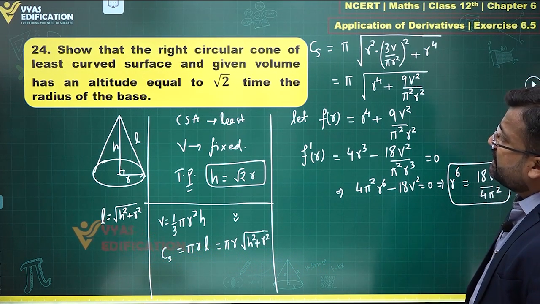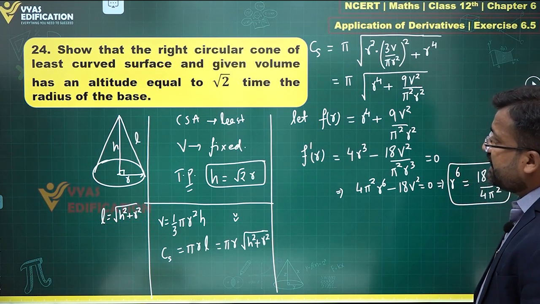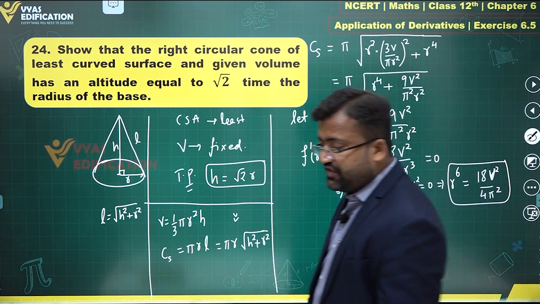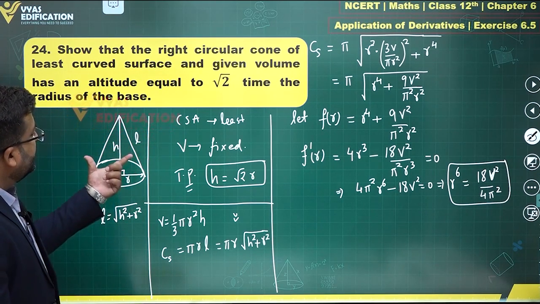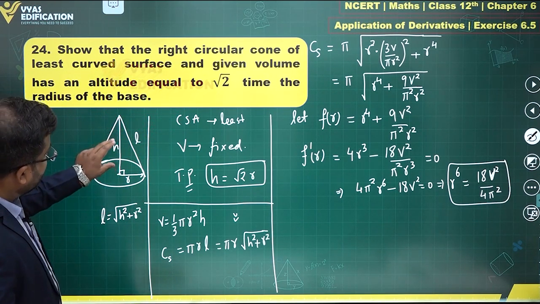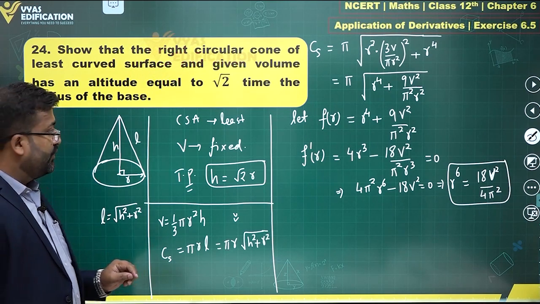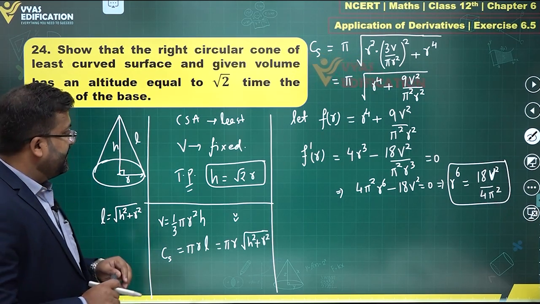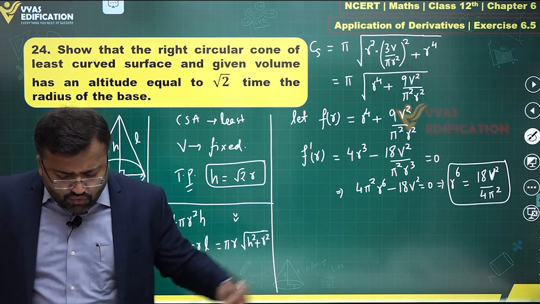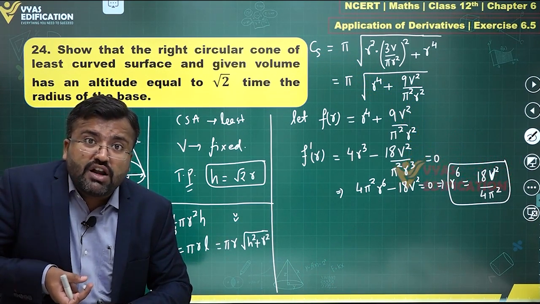Will this give us the least curved surface area? Yes, volume is fixed. So in case you increase r, you'll have to decrease the height since the volume is fixed, but the surface area will increase. This will be a very, very huge cone with small height.